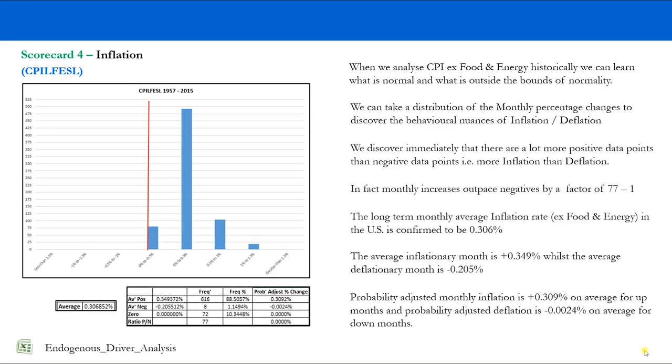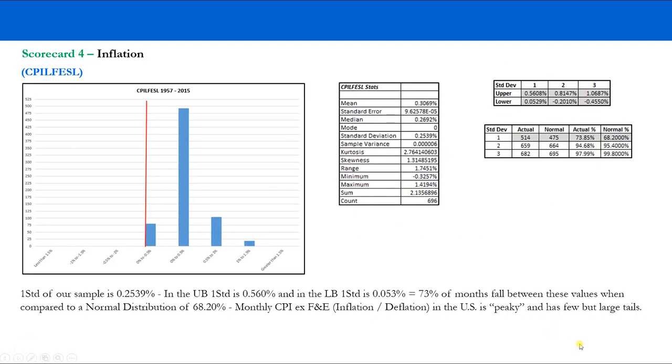Okay, so let's continue to build this analysis out. Let's start looking at the standard deviations. What we find is that one standard deviation of our entire sample from our descriptive stats comes in at 0.2539%. In the upper bound, when we have inflationary months, one standard deviation is 0.56%.